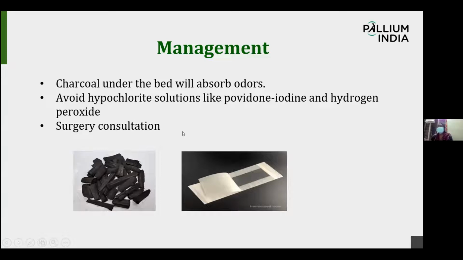Also you can do one more thing, surgery consultation. If the patient's health status is okay but there is a stage 4 pressure ulcer, you can refer the patient to the surgeon and see whether a skin grafting procedure is possible or not. You should always think like that too. The next one is negative pressure wound therapy.